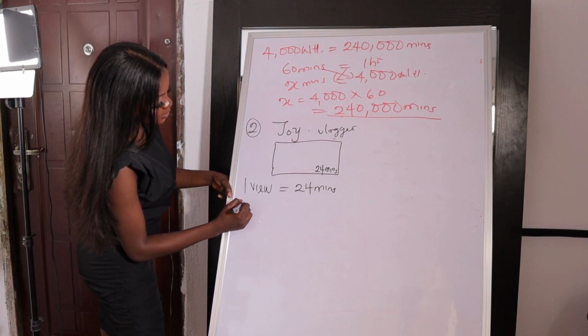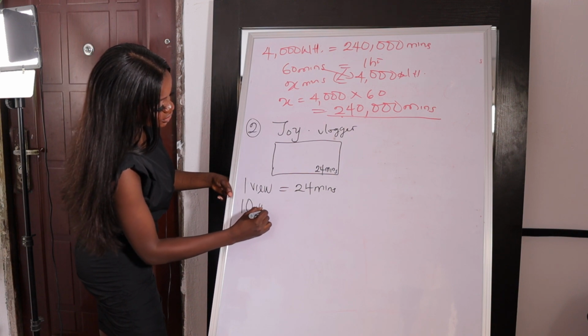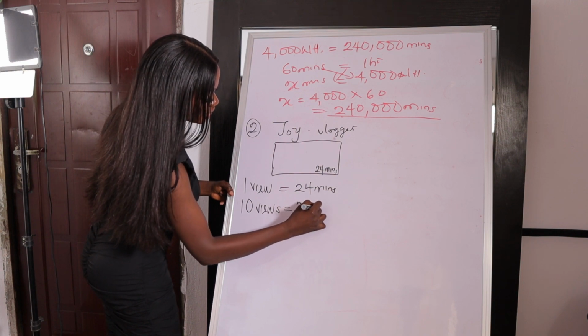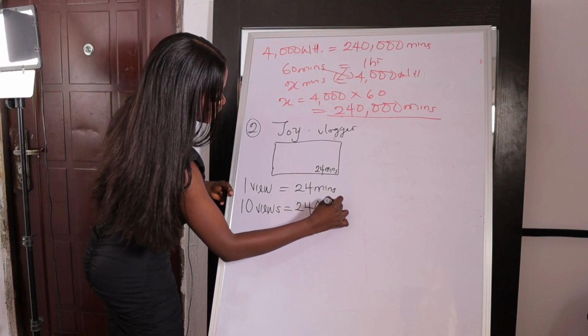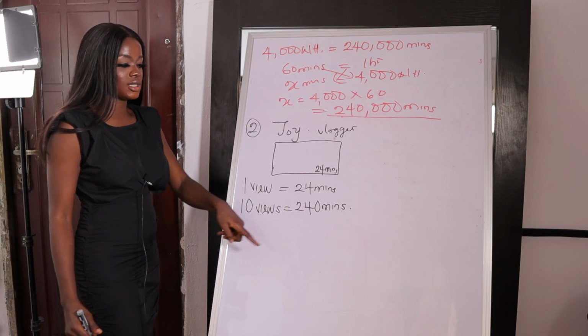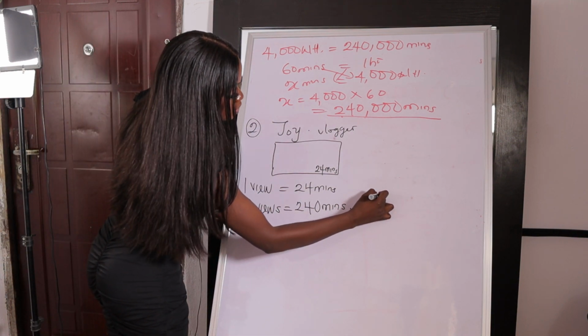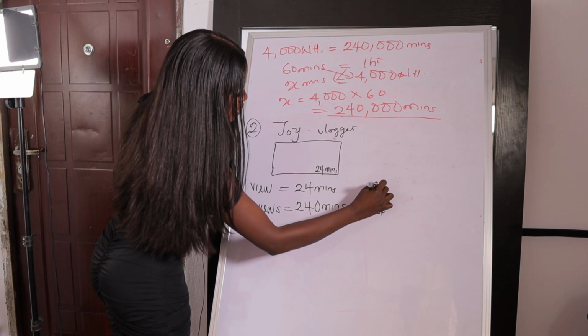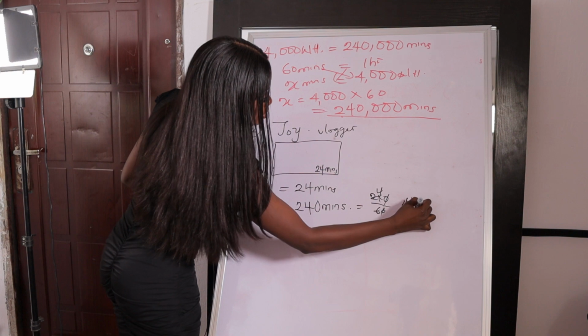Now let's assume that from this video, Joy is able to generate 10 views. All of these viewers watched from the very beginning until the very end again. They generate 240 minutes, which is 240 over 60, 4 hours.